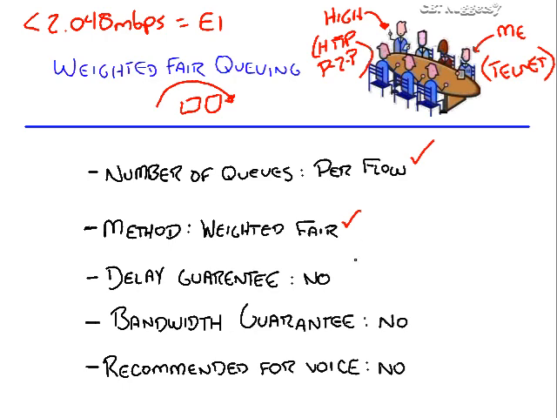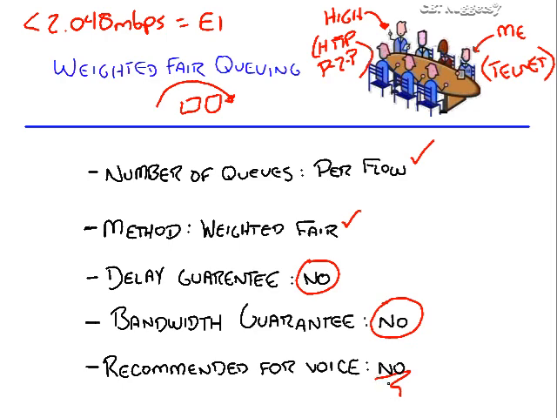The problem with this one is there's no guarantee on delay. There's no guarantee on bandwidth. It's just saying if you don't talk much, you'll be prioritized. And when you think of that algorithm, do you think that would be good for voice? No. Voice and talking goes together. It's hand in hand.